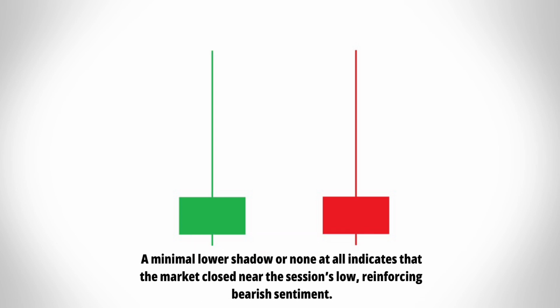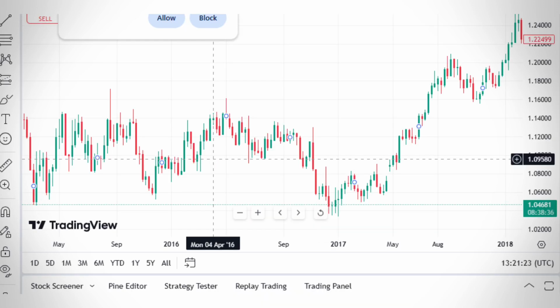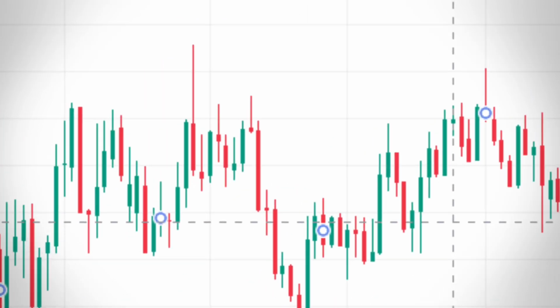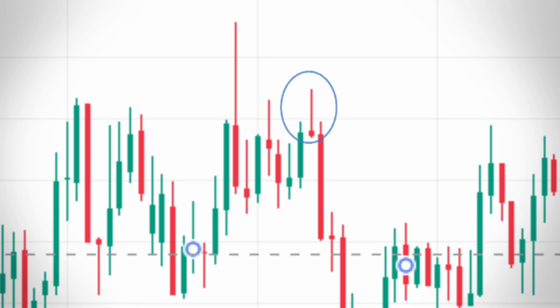A shooting star candle has little or no lower wick or shadow. A minimal lower wick or none at all indicates that the market closed near the session's low, reinforcing the bearish sentiment. Like I mentioned already, the shooting star candlestick typically forms at the top of an uptrend or near a resistance level where it signals a bearish reversal.